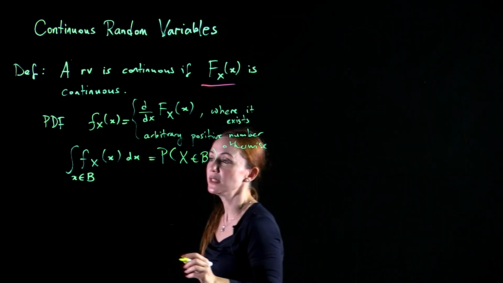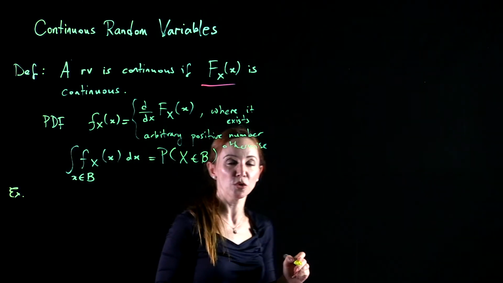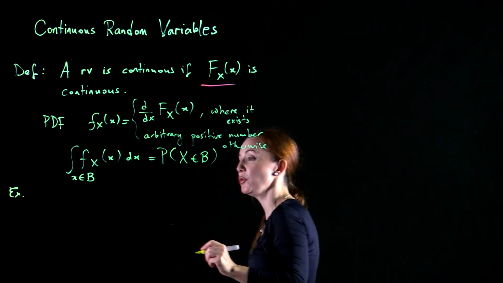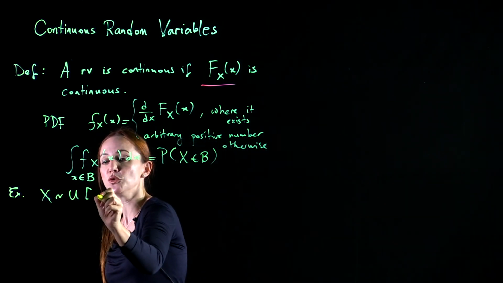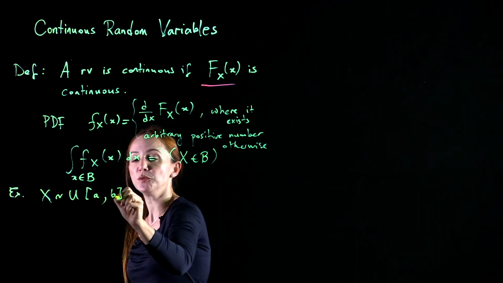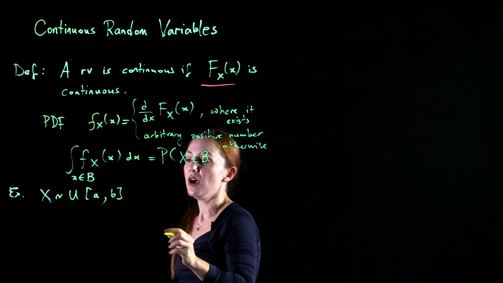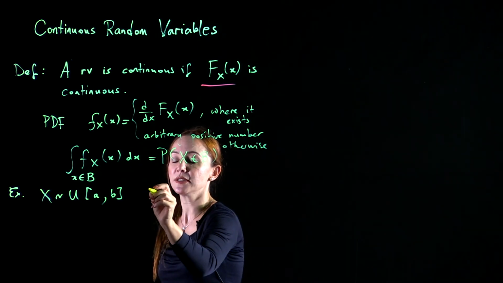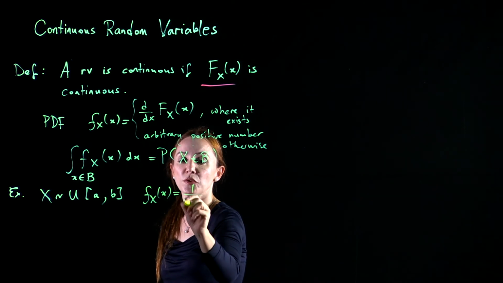All right, so let's see some common examples. The simplest example of a continuous distribution would be the uniform distribution. So if x is uniform between a and b, where a and b are real numbers and a is less than b, this means that the PDF of x is 1 over b minus a.